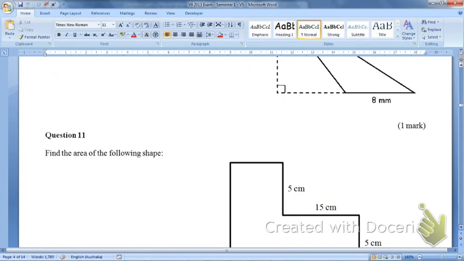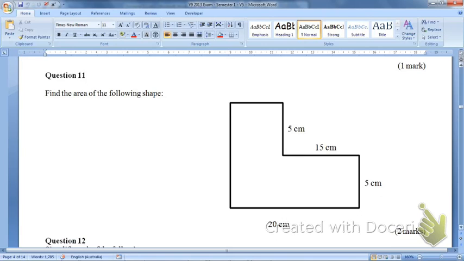Question 11. Find the area of the shape. It's two rectangles. Split it up. This length here is 15, so this length here is 5. How do we get it? 20 minus 15 equals 5. 5 times 5 gives us 25.